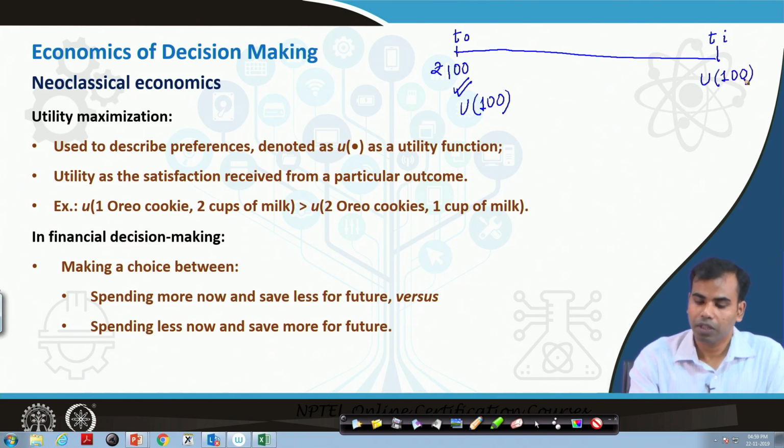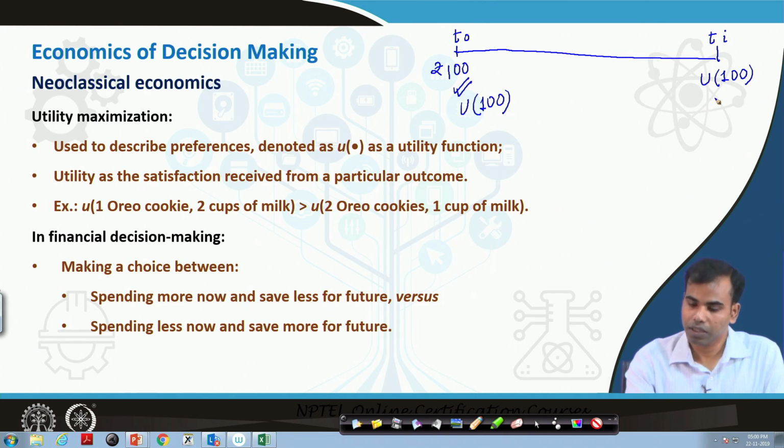But remember, in the previous framework we know that whatever decisions we have to make, we need to be on a single timeline to make that decision. So, if we want to have the utility of the amount of money that we are saving now and investing for future, that utility must be brought back to present time to compare whether that choice is better than the choice that we have right now.